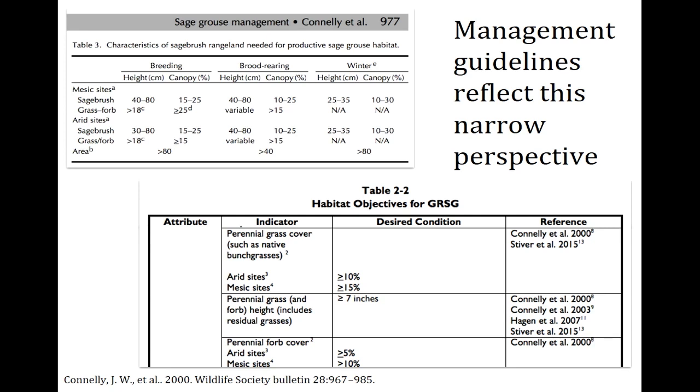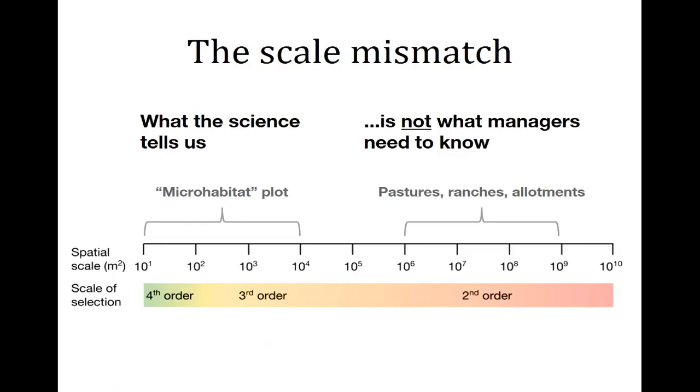They were adopted in a lot of cases with almost no changes into documents that guide management of public lands, such as the Habitat Assessment Framework, Table 2.2 from some of the recent BLM land use plan revisions. So this is a very influential set of guidelines that we're still following.